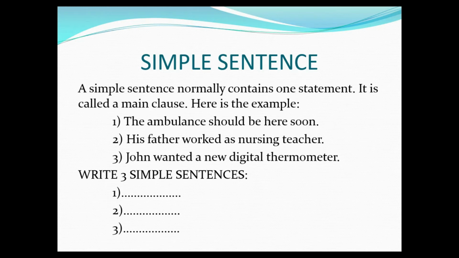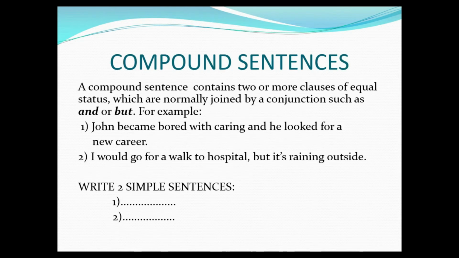Okay. For independent study, don't forget you have to write 3 simple sentences, as a learning activity. Okay. What is the second? Compound sentence. A compound sentence contains 2 or more clauses of equal status which are normally joined by a conjunction such as but or and.